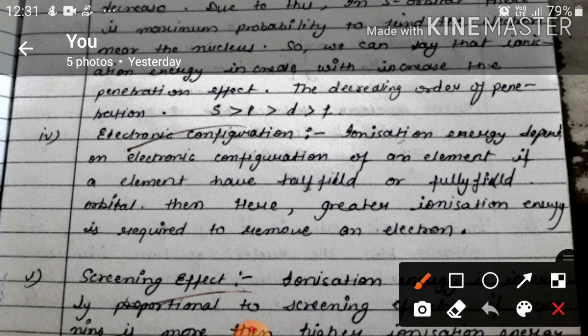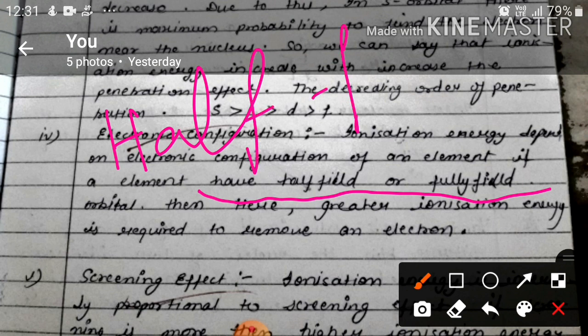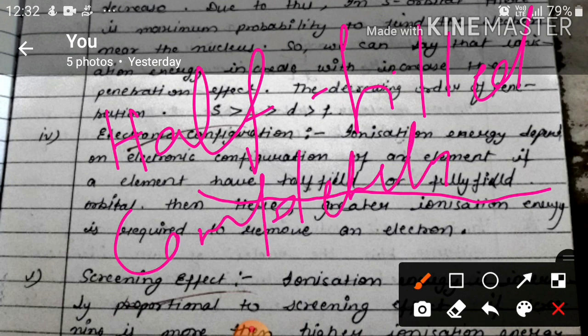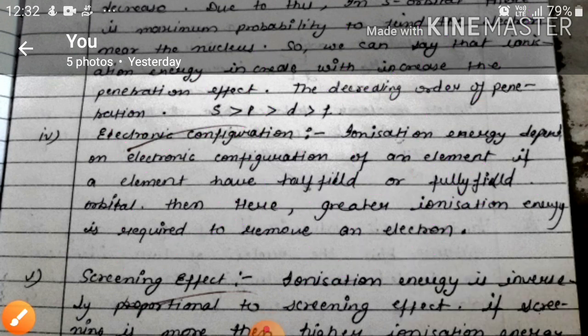If an element has half filled or fully filled orbitals, then greater ionization energy is required to remove an electron, because half filled and completely filled orbitals are more stable. Due to this, it is very difficult to remove an electron from these electronic configurations. So here more ionization energy is required.